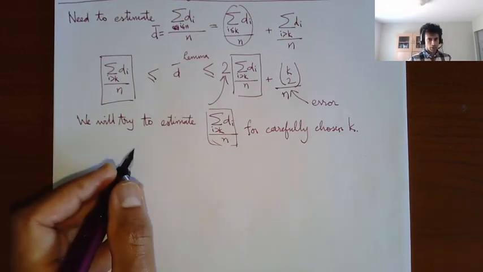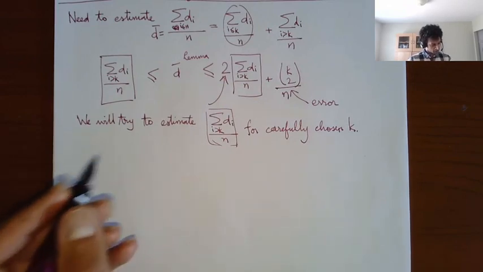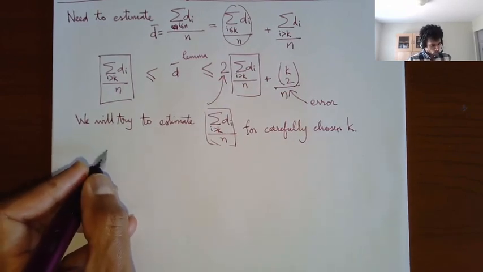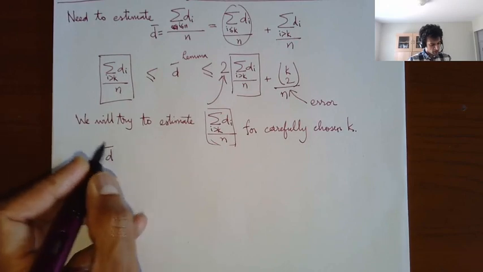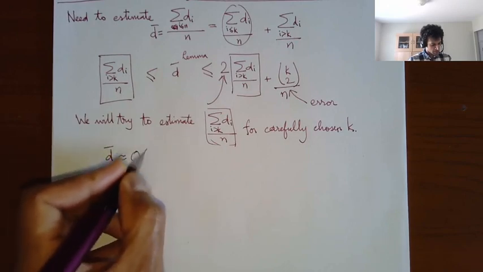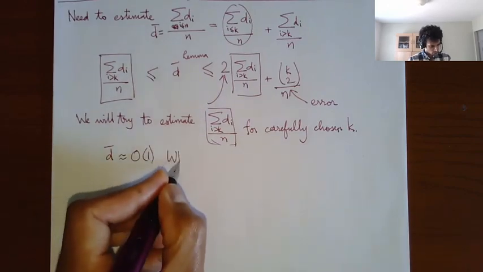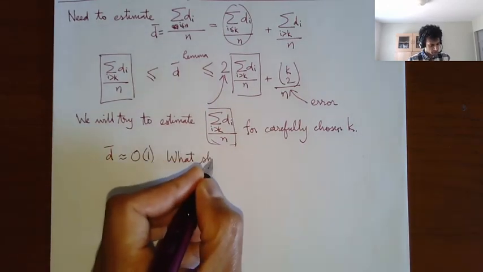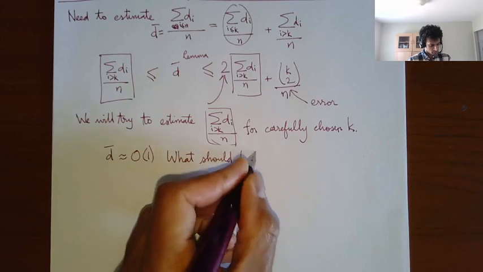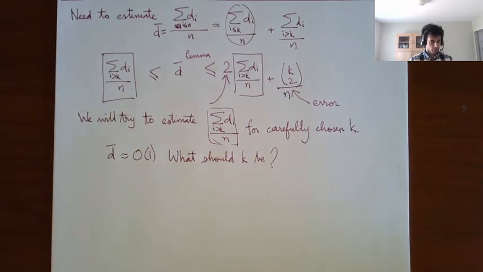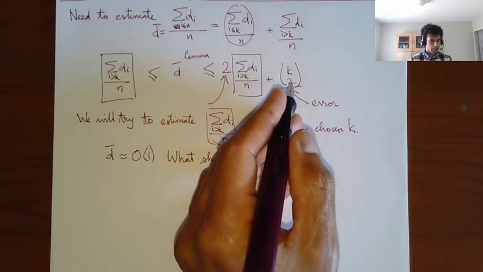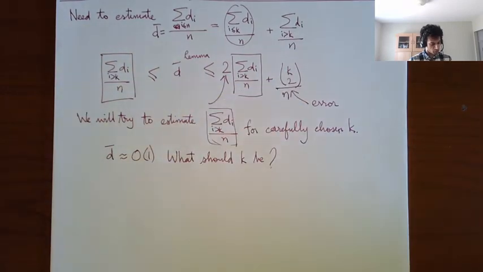All right. So now let's just do a back of the envelope calculation. Think of d as theta of 1. It's a sparse graph. What should k be? What should you choose k so that this error is sufficiently small?